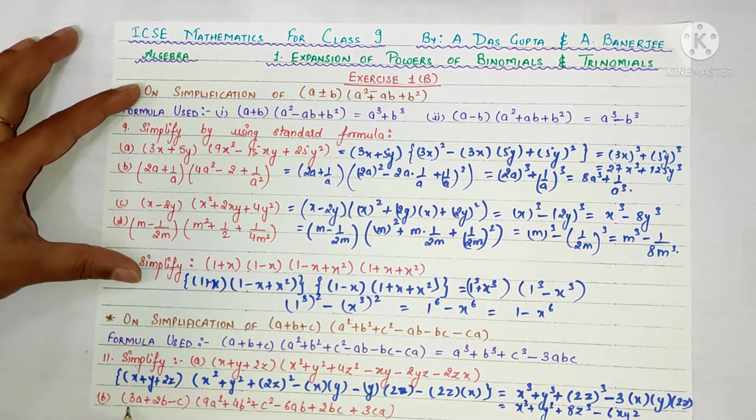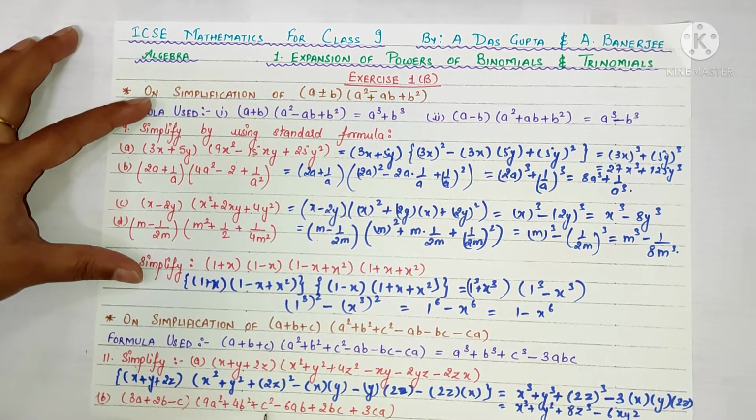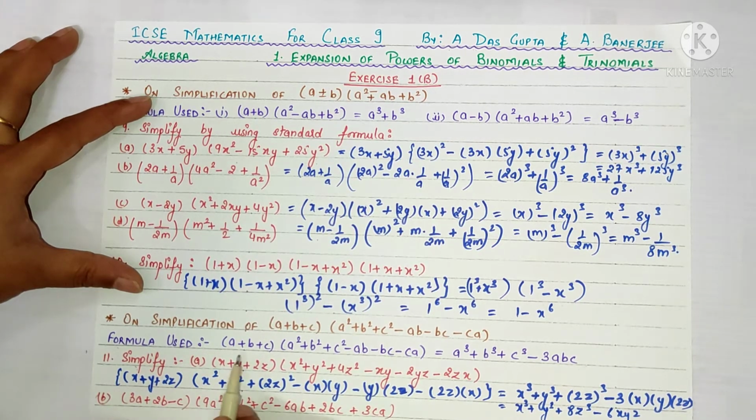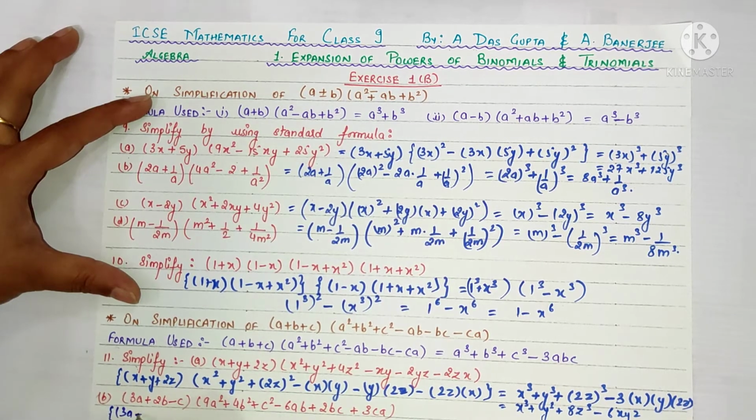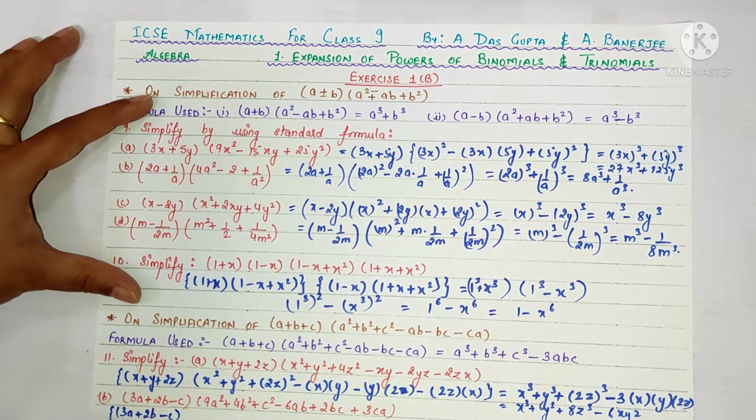Next is (3a plus 2b minus c) into (9a square plus 4b square plus c square minus 6ab plus 2bc plus 3ca). So I'll be splitting these terms into a, b, c single terms. So we can write this as 3a plus 2b minus c. So I'll be taking this as plus of minus c.